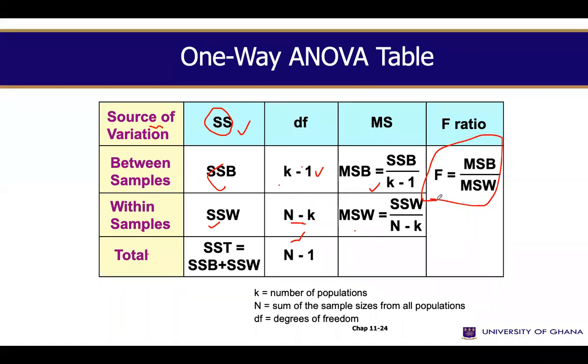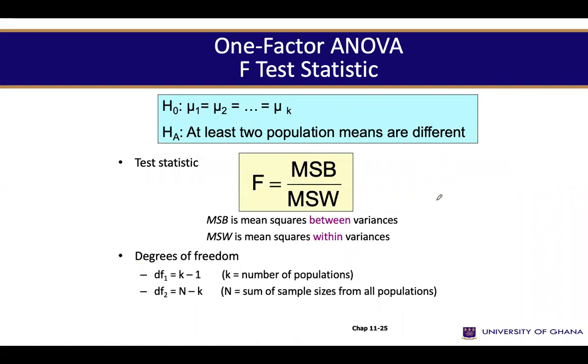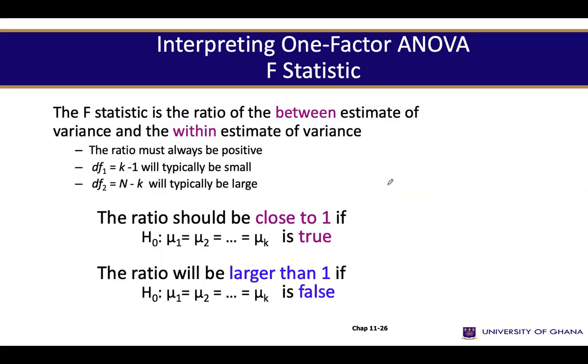So once we find the F ratio, that gives us our test statistic. Then how do you find the critical value? The critical value will just be an F statistic.